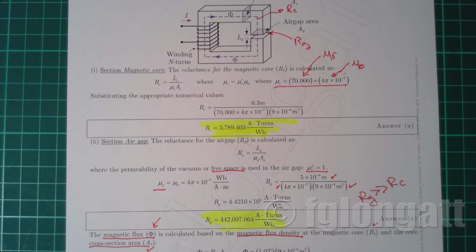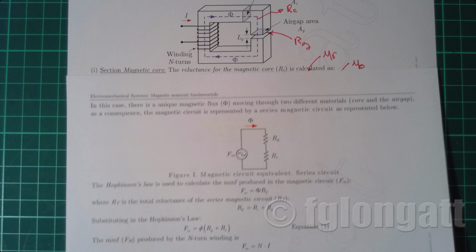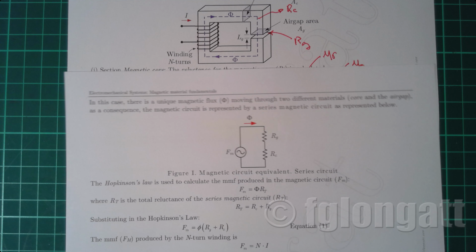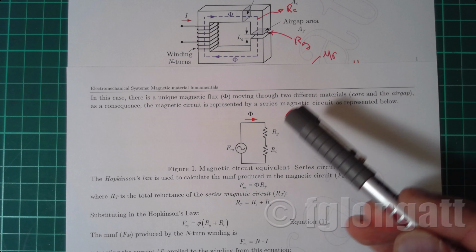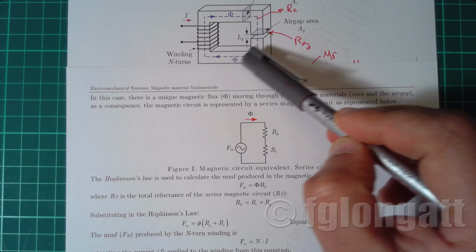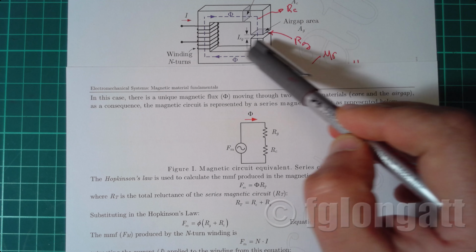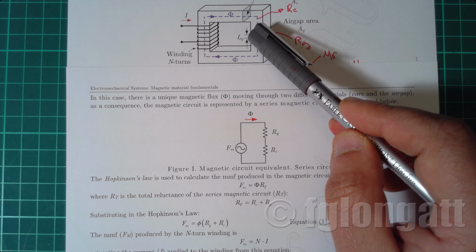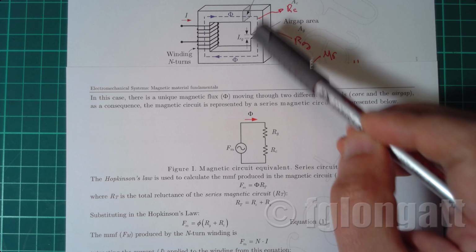If you look here in this figure, you can see that we have a magnetic flux moving inside a closed loop. And inside this closed loop, there are two different materials.